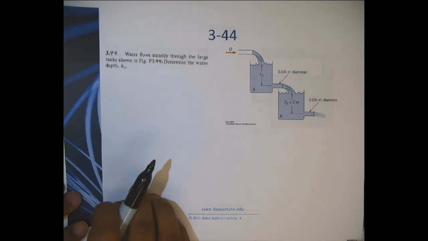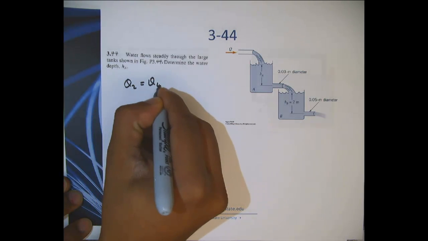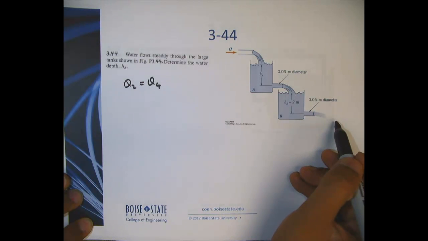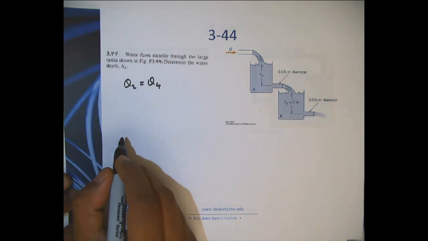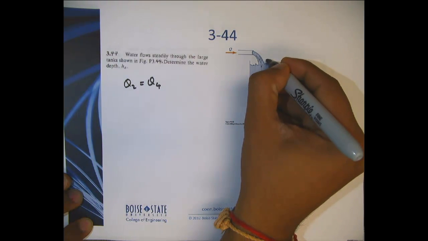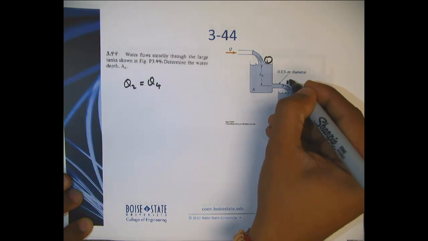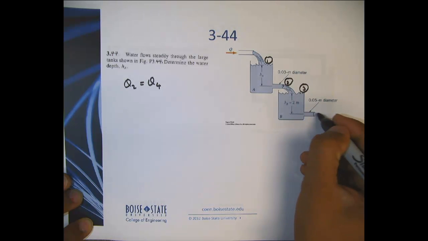So immediately you can recognize that Q2 will be equal to Q4. Q2, whatever coming in here should be going out here, and maybe I should represent what I mean by Q2 and Q4. Let me pick this as number 1, this point as number 2, this point as number 3, and the free stream flow here as number 4.